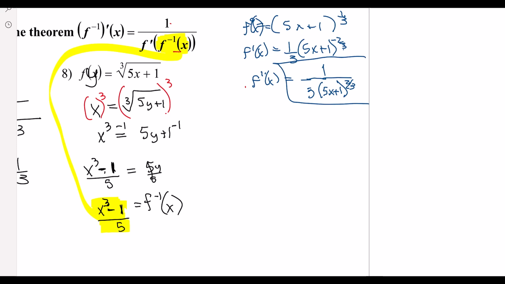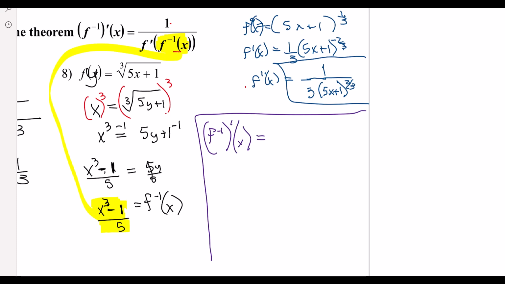This is the inverse. So now, when we say we're going to take the derivative of the inverse using the theorem, it is 1 over the derivative. So the derivative is 1/3 times 5. But where this x is, we're now going to put that inverse function, x cubed minus 1 over 5, and that's to the 2/3 power.